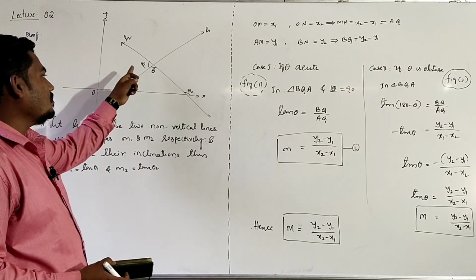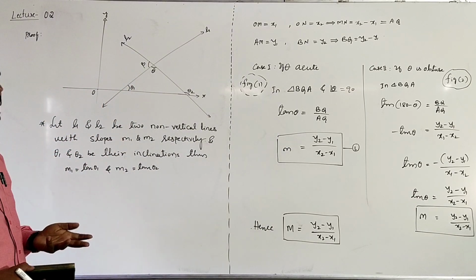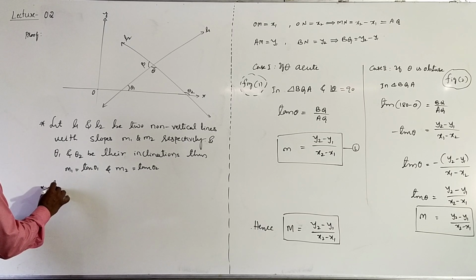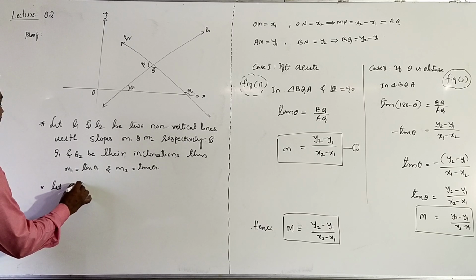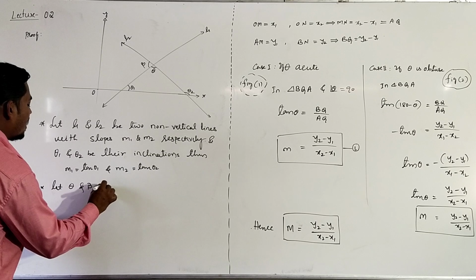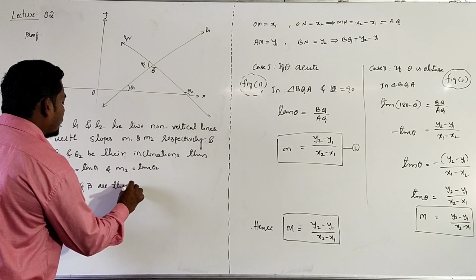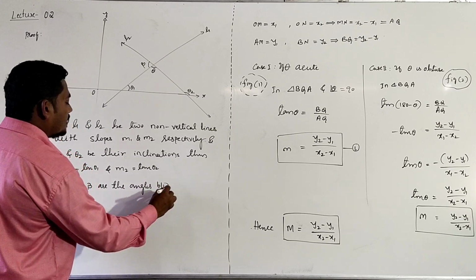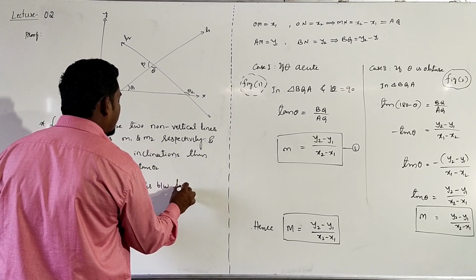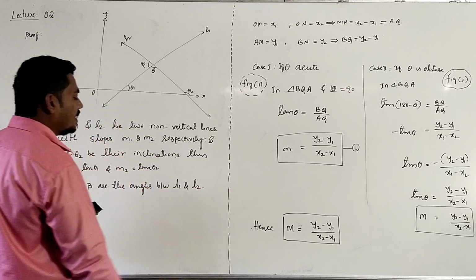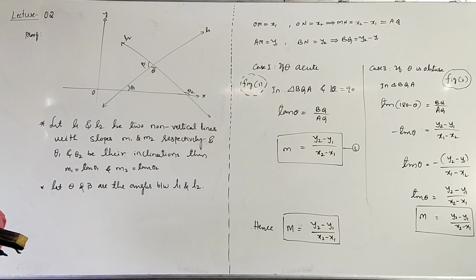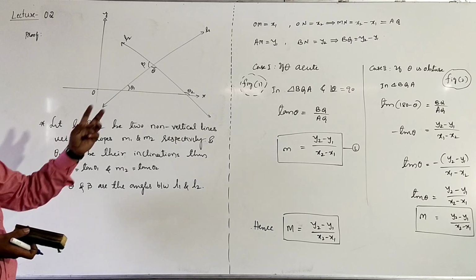Let theta and beta be the angles between L1 and L2. There exist two angles.